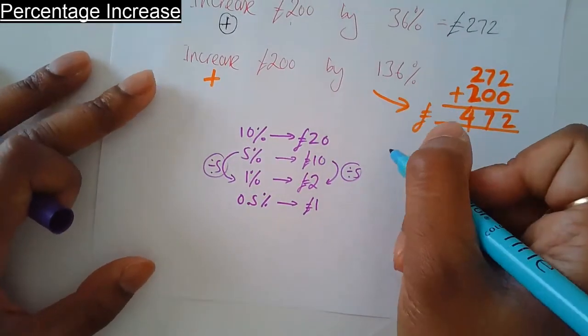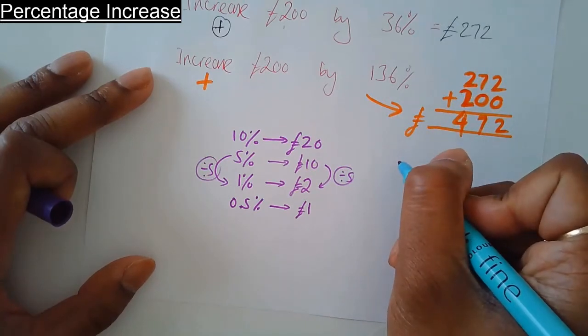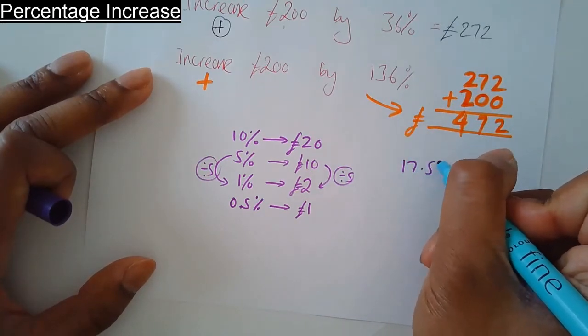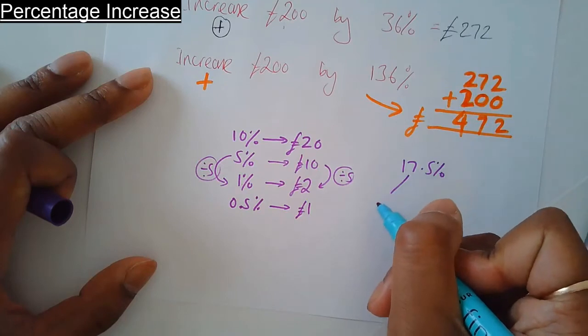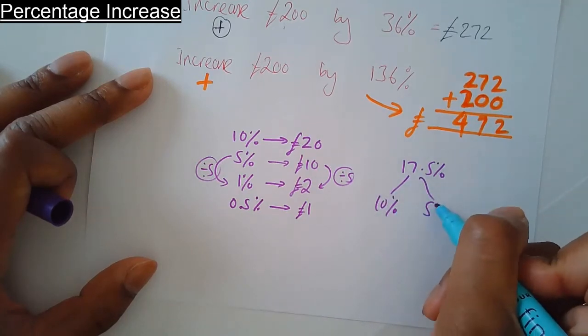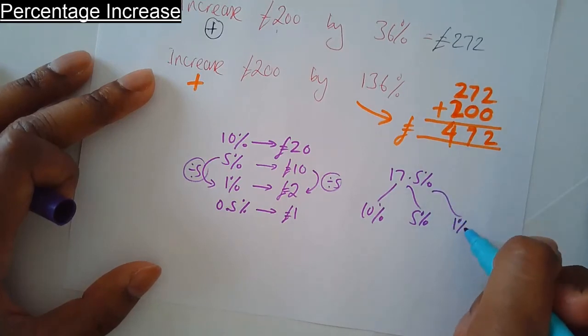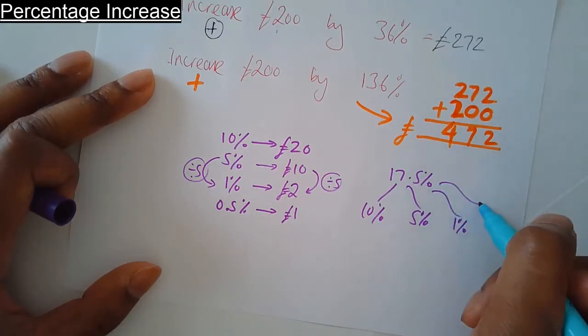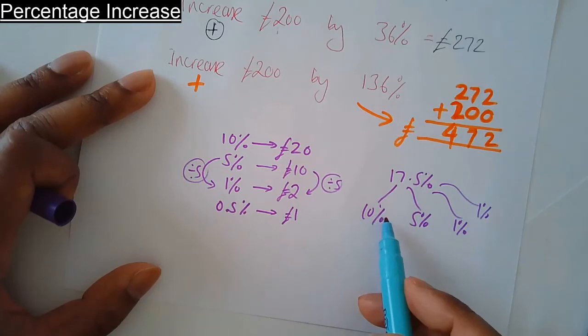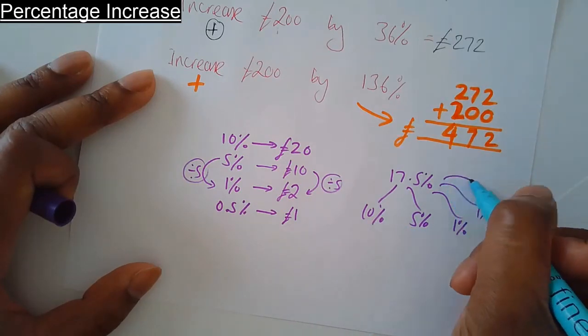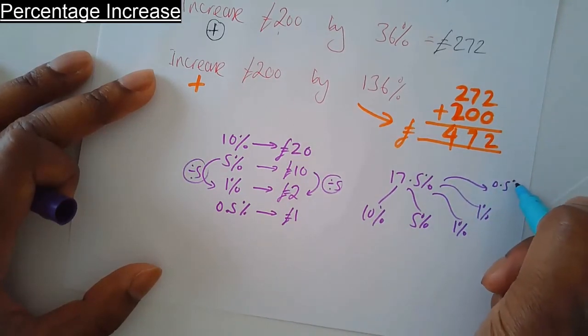So if the question was find 17.5%, then you can break that down to 10%, 5%, 1%, another 1%, that makes 15, 16, 17, 17.5%.